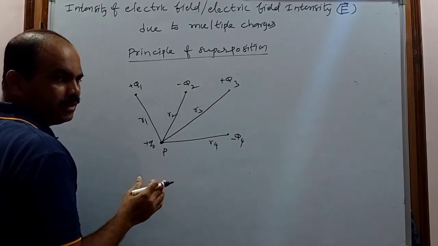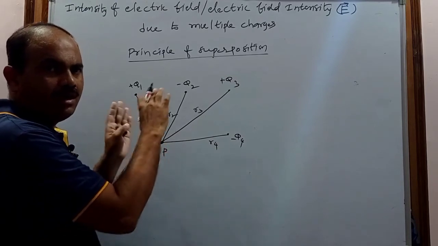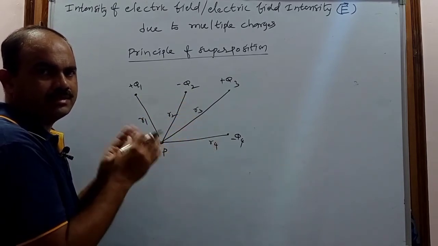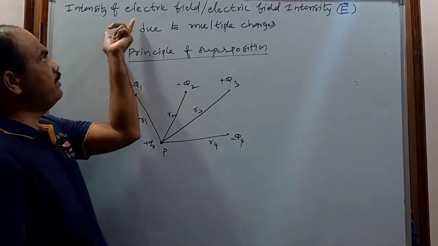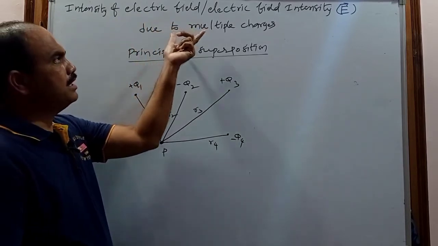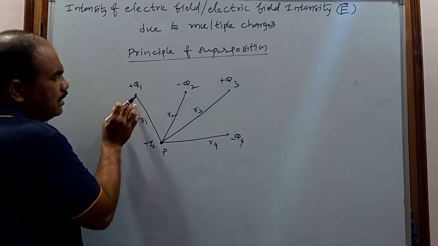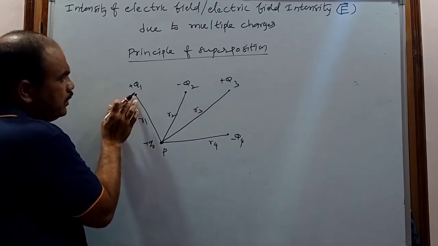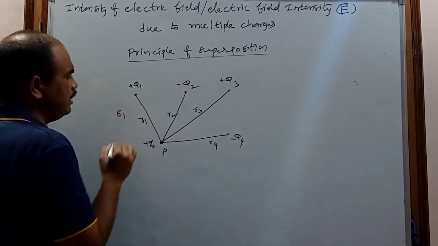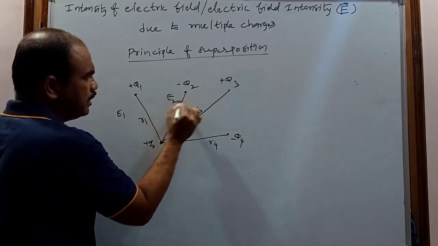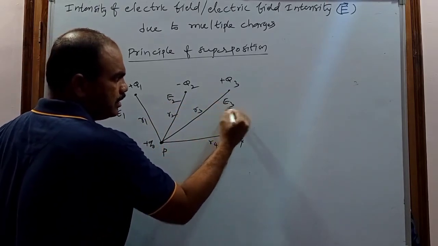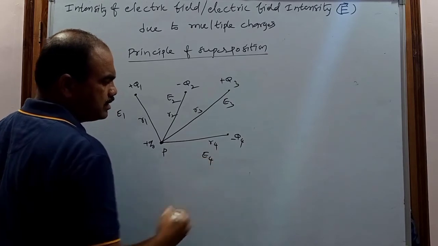Then find the vector sum of all the individual electric field intensities, and that gives the electric field intensity or electric field strength due to the multiple charges. For example, the individual electric field intensity due to Q1 will be considered E1, Q2 will be E2, Q3 will be E3, and Q4 will be E4.